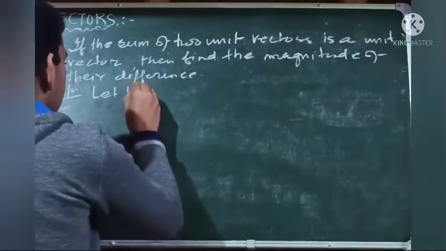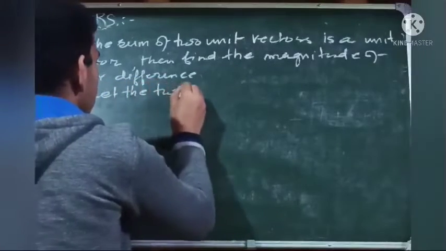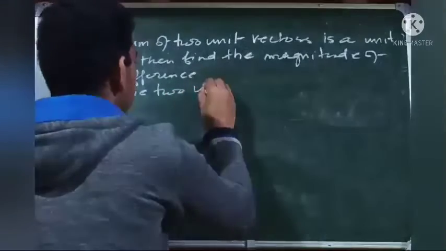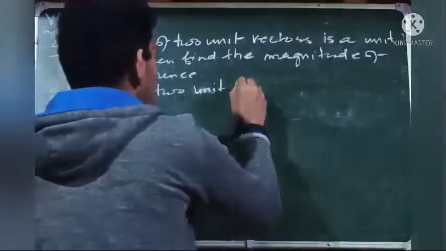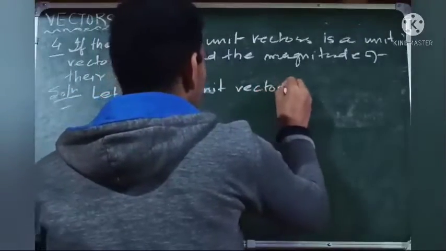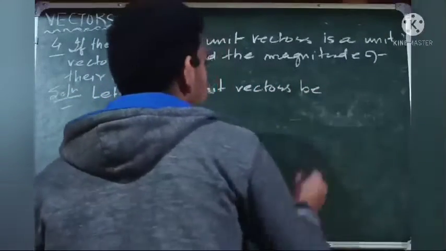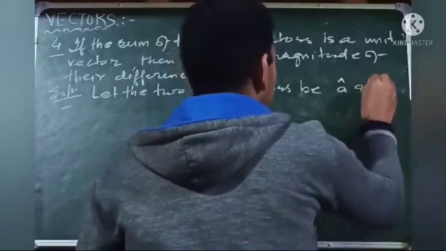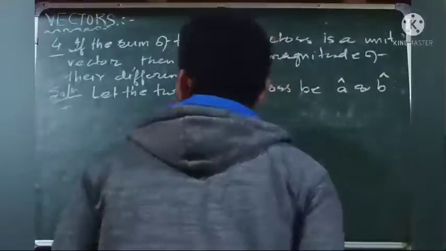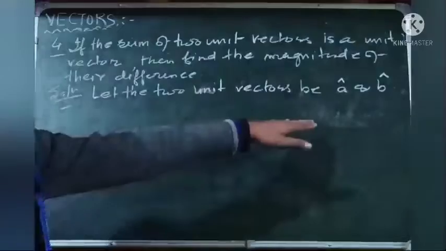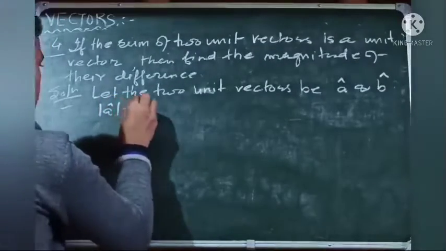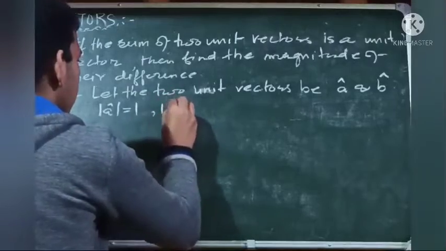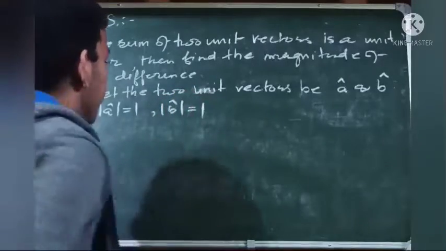Let the two unit vectors be a cap and b cap. According to the question, these two are unit vectors. Therefore, we can write magnitude of a cap is equal to 1 and magnitude of b cap is equal to 1.